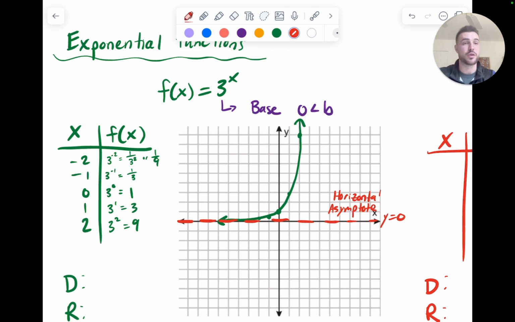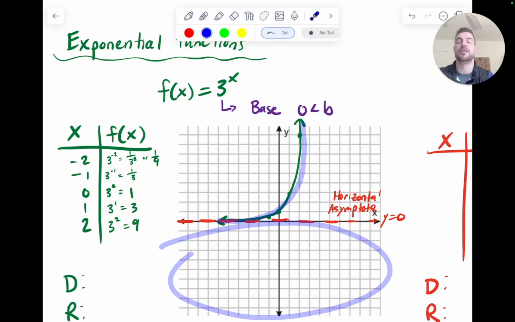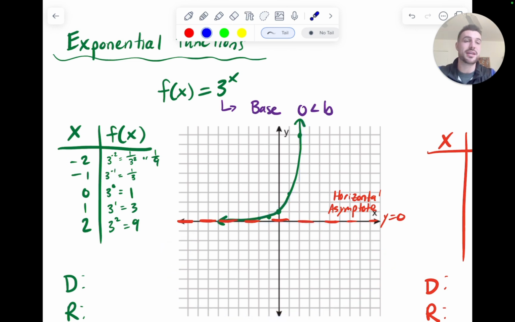Now, a horizontal asymptote is an imaginary line that basically blocks our function from passing through. So if you take a look, our function levels off here, but we never end up going to the bottom half of our coordinate plane. The reason is there is no x value that I can plug in here and get out a negative. So mathematically, it just doesn't happen, but what that means is we're going to get closer and closer and closer to y equals 0, which is why we have a horizontal asymptote.